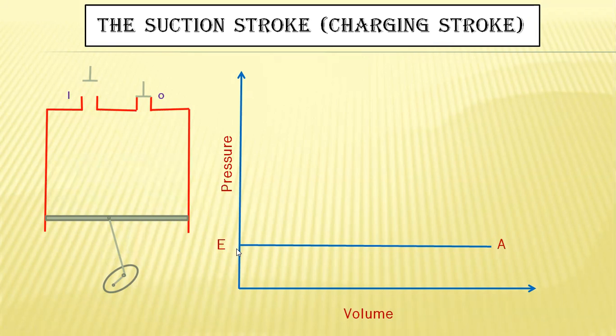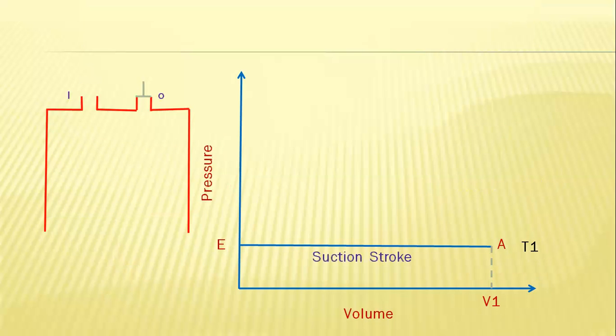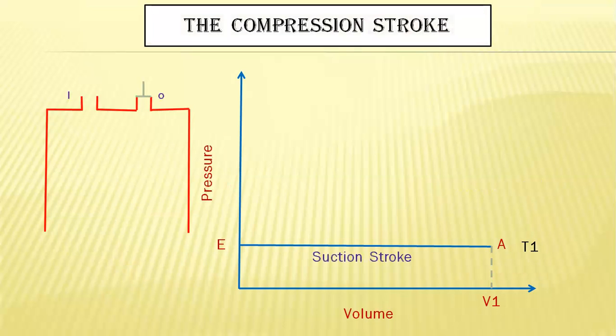E to A represents the suction stroke here. The final temperature is T1, which is the room temperature. The final volume is V1, and it represents the suction stroke. Here air and petrol vapor is introduced. Therefore, volume increases at atmospheric pressure and room temperature.